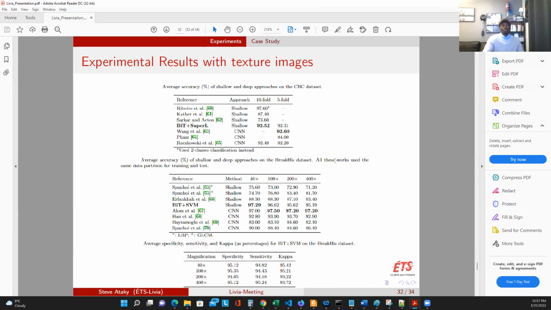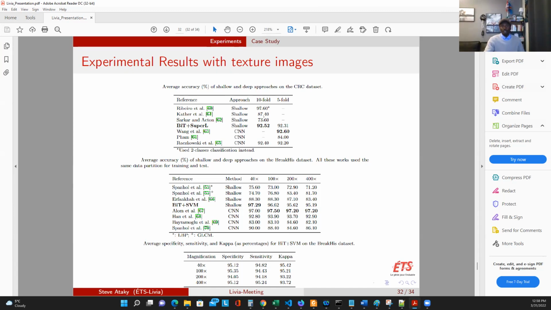So here we compare the BIT with some related works in CRC using 8 classes. We found many works with 4 classes, with 2 classes, but because we are using 8 classes, we compare with this work. So we can see that for 10 folds, we had 92%.